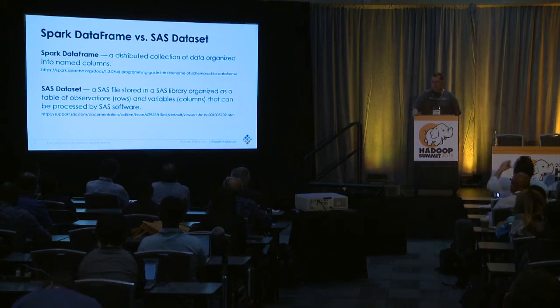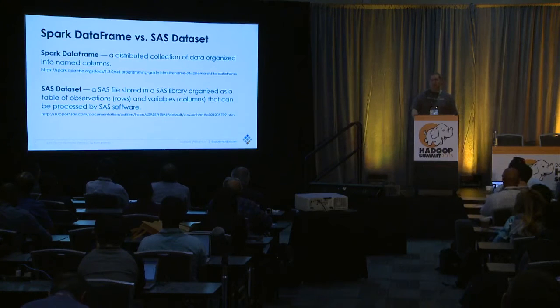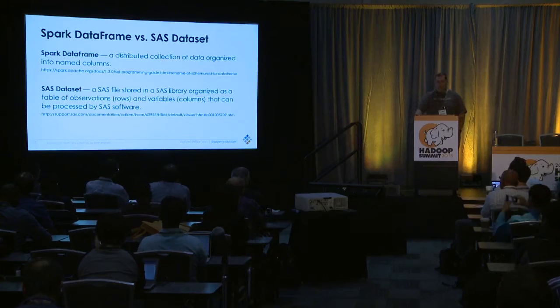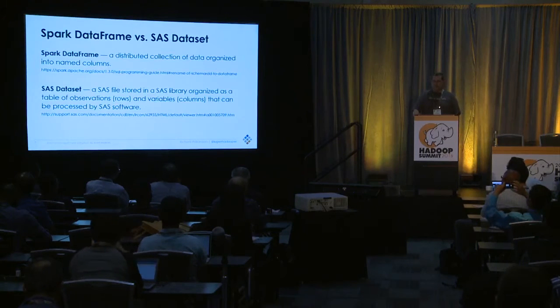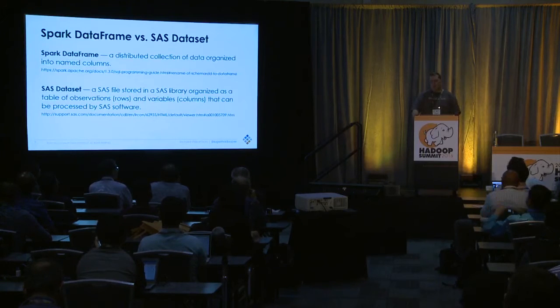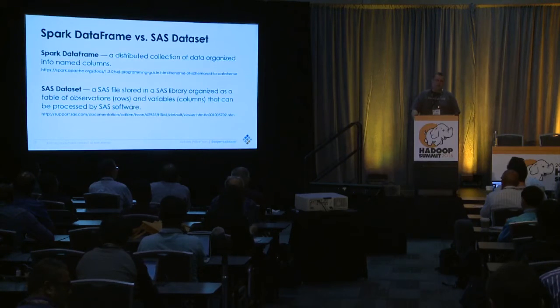A Spark data frame is basically a distributed collection of data organized by named columns. And the nice thing is it's distributed, so you get to use lots of machines to process on it. Whereas the SAS data set is generally just a non-distributed form, and it has a file associated with that data set that's stored on disk.